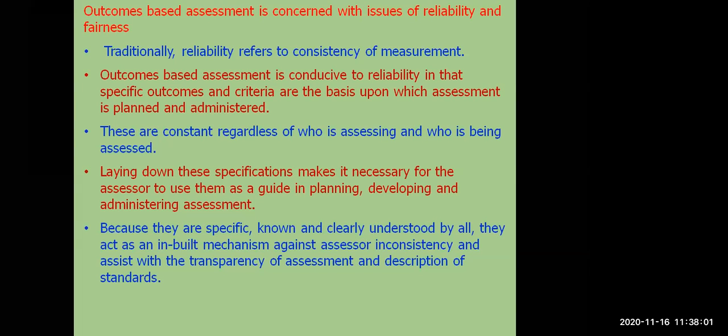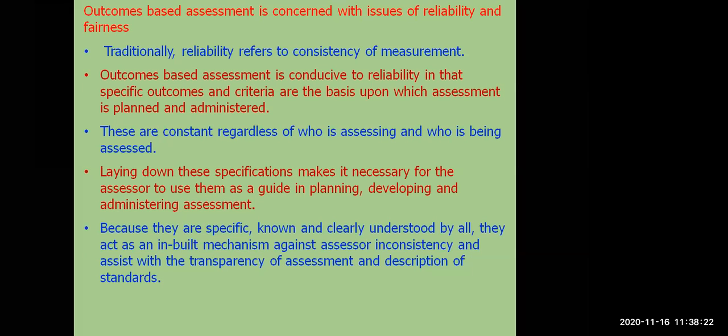Outcome-based assessment is conducive to reliability in that specific outcomes and criteria are the basis upon which the assessment is planned and administered. You see, in outcome-based education, you define what the student will be able to do as a course outcome or as a program outcome.